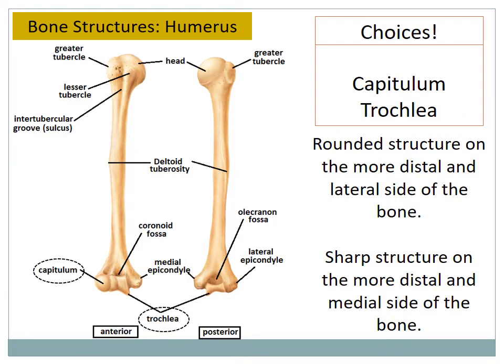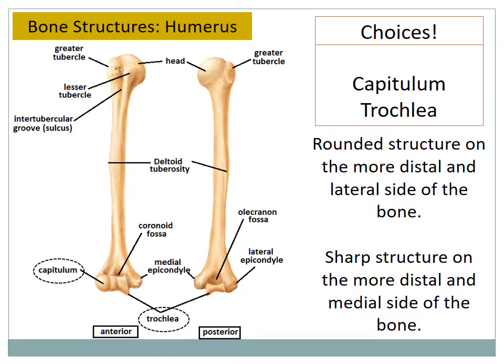Alright, so I gave you a couple of choices for these two detailed descriptions below. Your choices are the capitulum or the trochlea. So looking at your capitulum over here to the left, you see this nice little rounded structure, and the trochlea is much more sharply pointed. So let's go ahead and take a look over there.